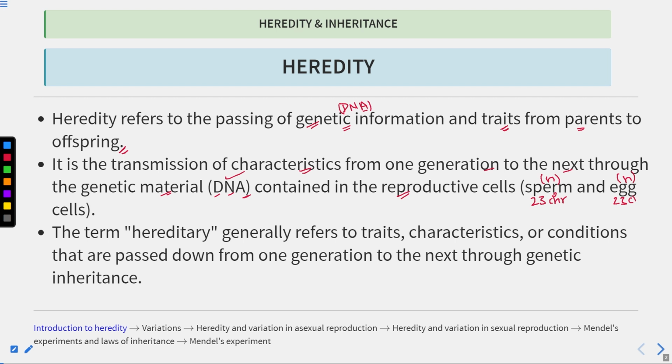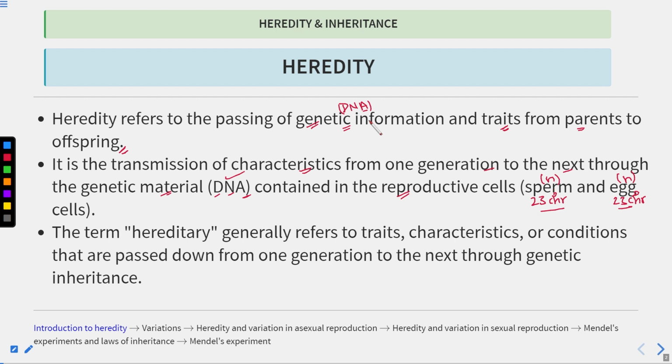They contain 23 chromosomes. Now, the sperm and the egg fuse together in the process known as fertilization, and then they form a diploid structure known as the zygote, which develops to form the embryo, and the embryo then divides, or you can say differentiates, to form the new individual.